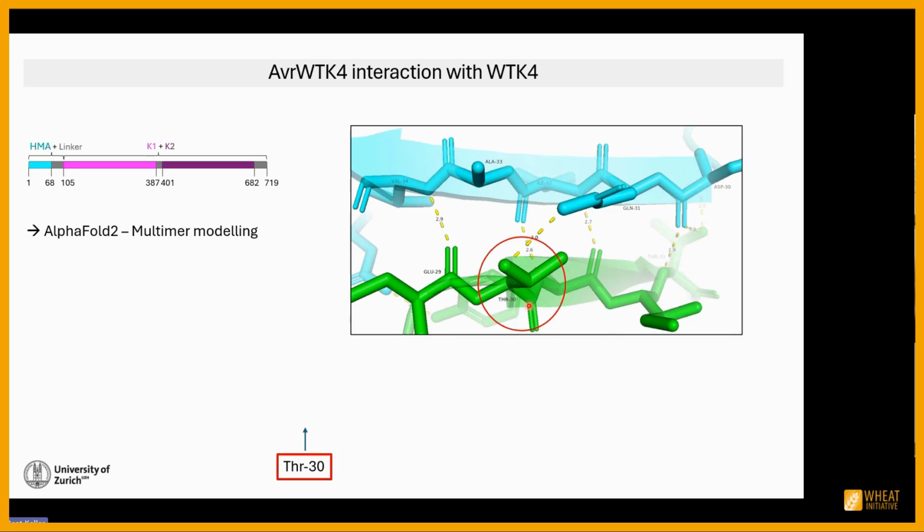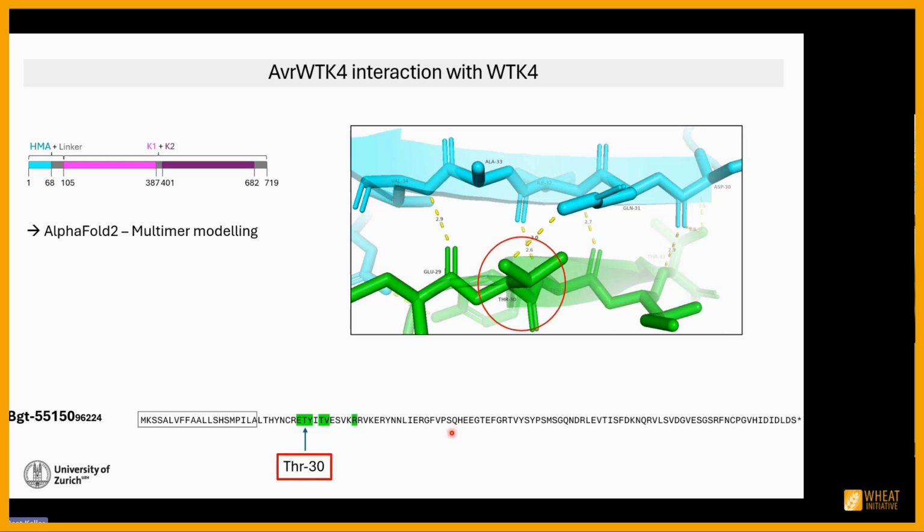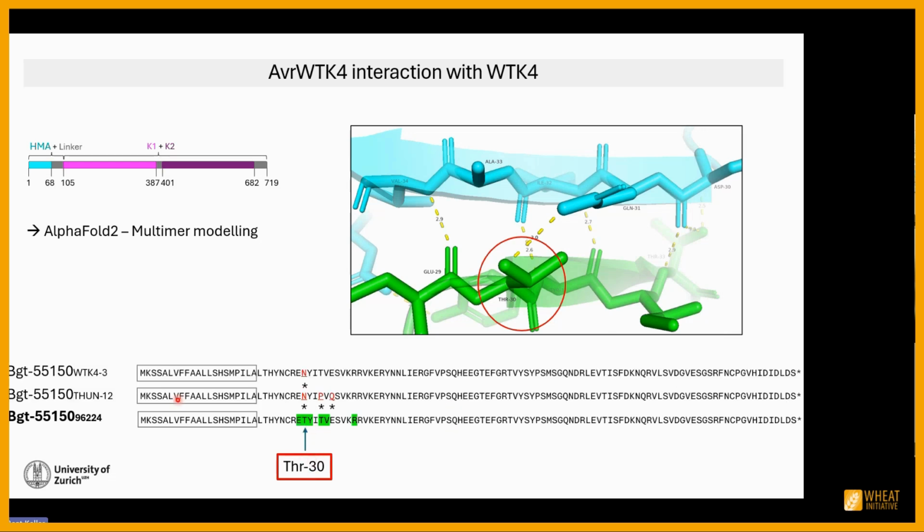Now, the prediction is that this would be the most important interaction surface, and threonine 30 would be a key amino acid. And when we now look at this position, we find in one of the mutants only 1 amino acid polymorphism, and it's exactly at this threonine 30 position.